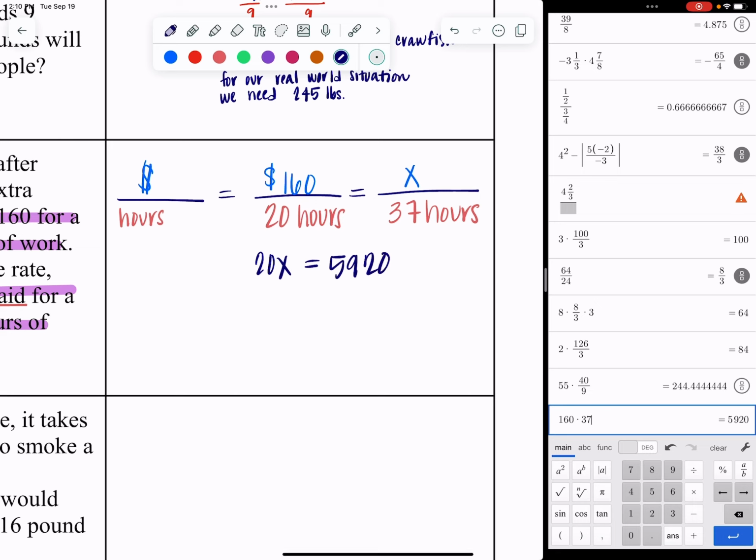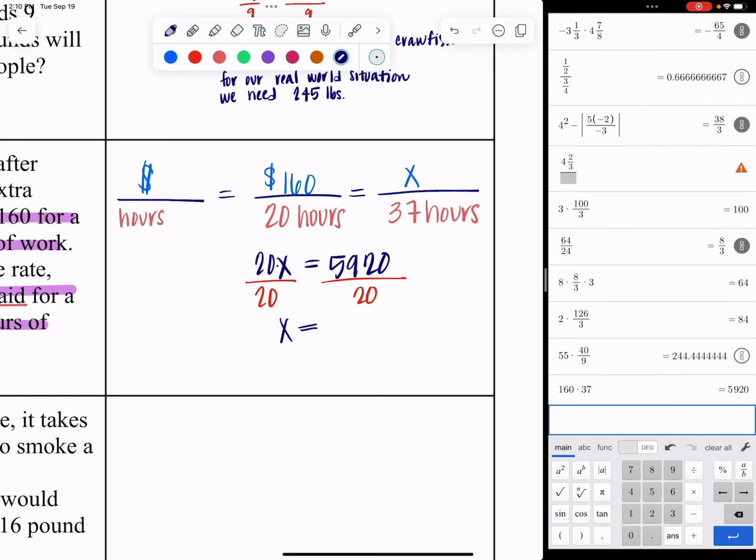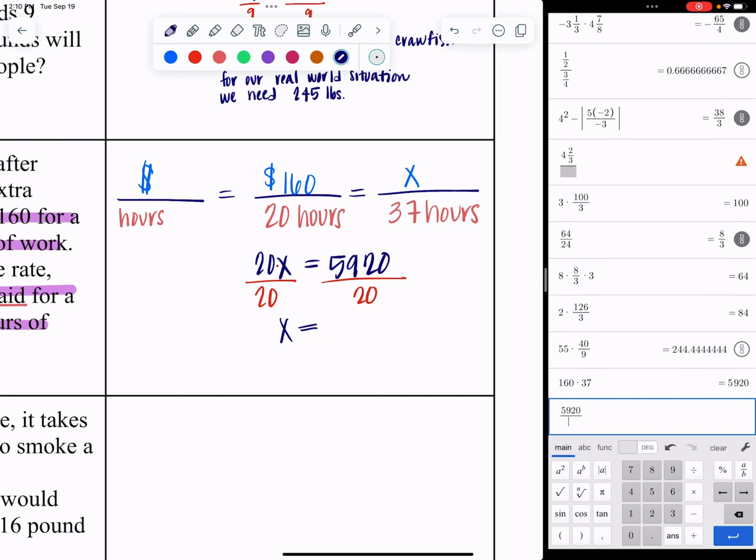I want to isolate the X, same story as before. The inverse operation for multiplying is dividing. My 20s will divide out. And I need to divide 5,920, not 10,020, by 20. That is 296.